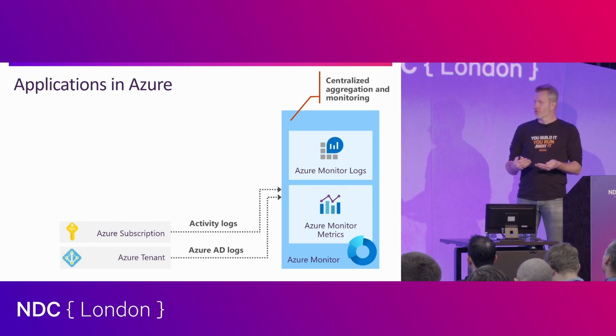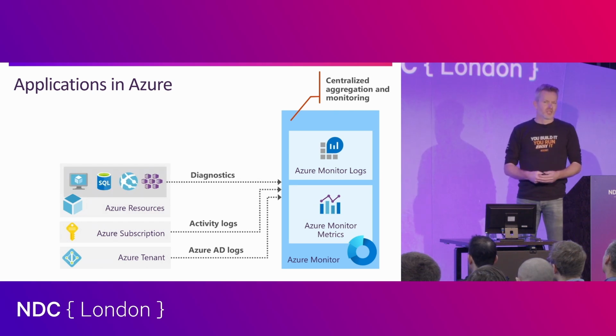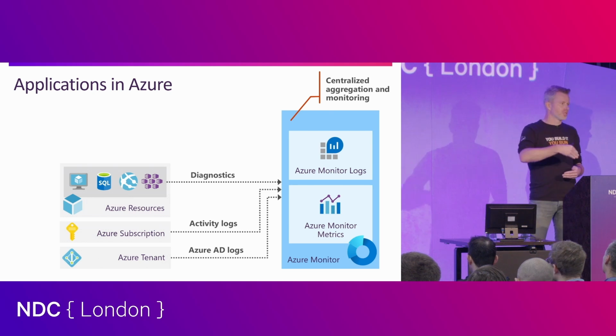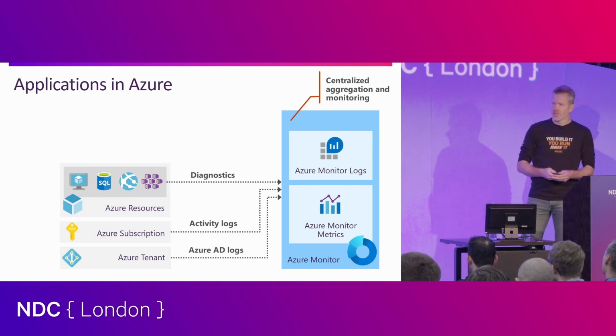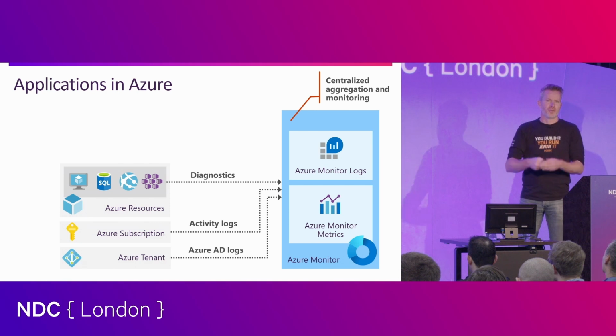Whatever happens inside of your Azure subscriptions, the activities, creation of resources, who does what, is also put into those logs. So you'll get those. And with your Azure resources, combining resource groups, you'll get a lot of diagnostics as well. Most of the resources allow you to specify a Log Analytics workspace, which then uses the same bucket to put everything together.